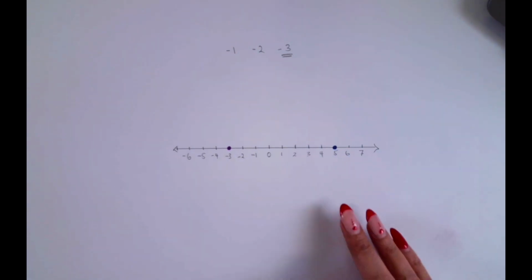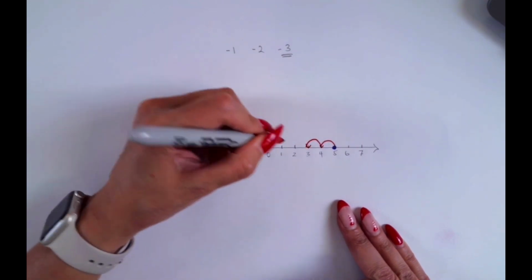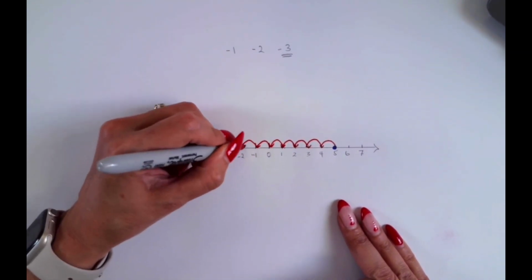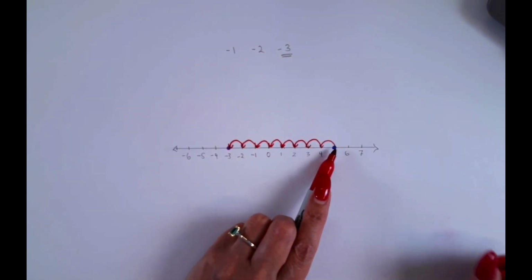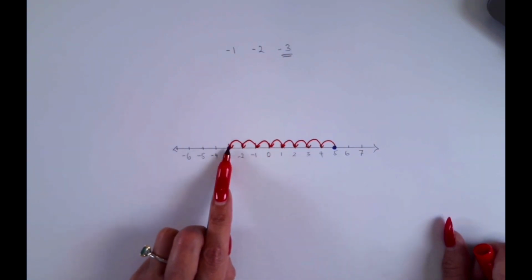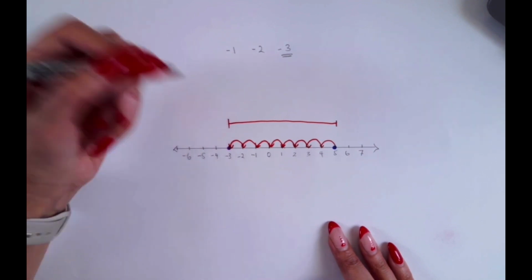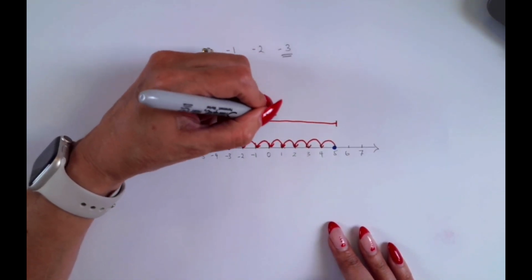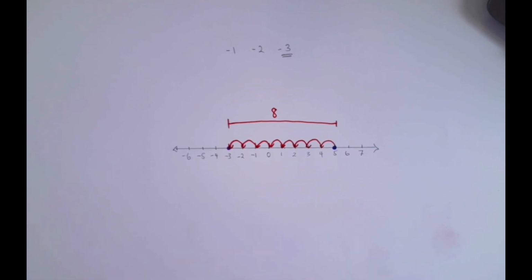What you want them to start learning is how to find those distances. How far have we traveled? We've gone 1, 2, 3, 4, 5, 6, 7, 8. So the difference between 5 and -3 is 8. It has a difference of 8.